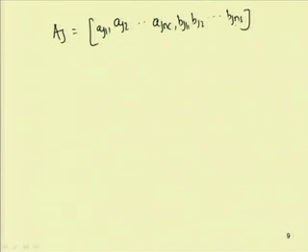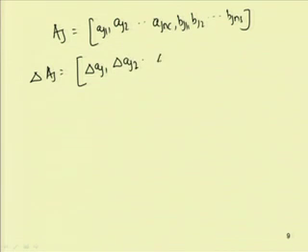Similarly, delta A j equals delta A j 1, delta A j 2, up to delta A j n c, and delta B j 1, and the last term is delta B j n s.